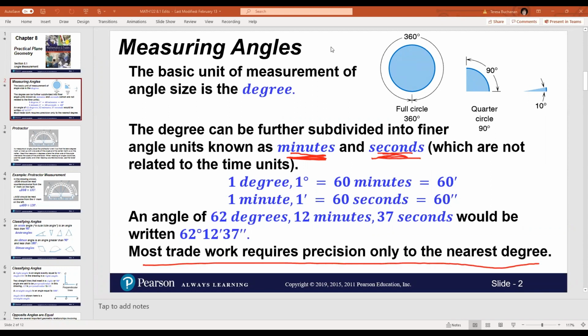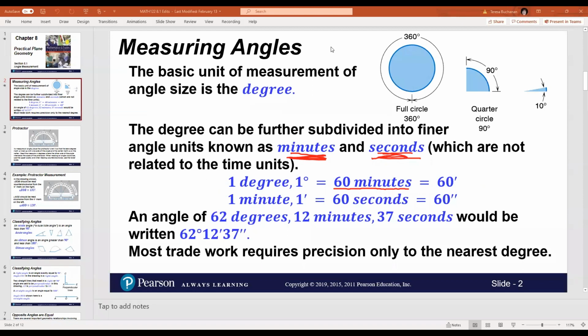Most trade work requires precision only to the nearest degree, but there could be times when you need something more specific than a degree measure. The way that works is that each degree is equal to what we call 60 minutes. It's not time minutes, but we're taking a single degree and thinking of it as divided into 60 tiny units.